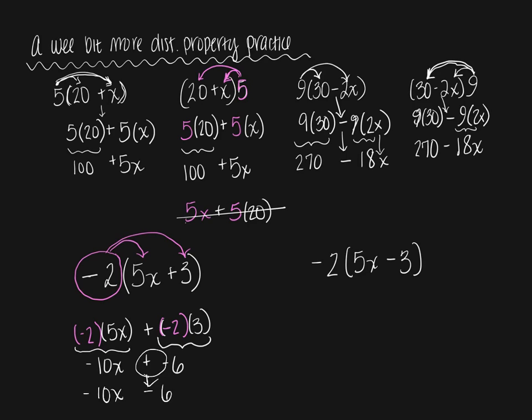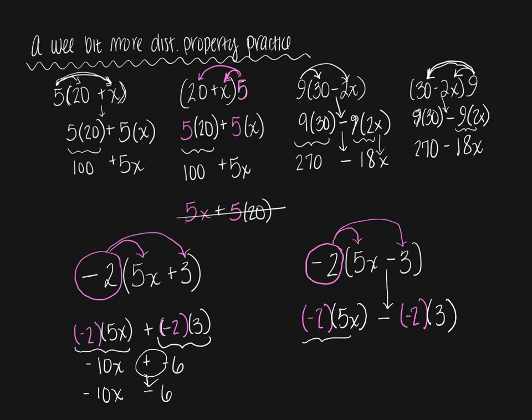All right, let's check this. Remember that I'm taking the whole negative 2 and multiplying it by 5 and by 3. So I'm going to have negative 2 times 5x. Bring down this negative. And then I've got this negative 2 again times my second term, my 3. All right, let's look at this now.